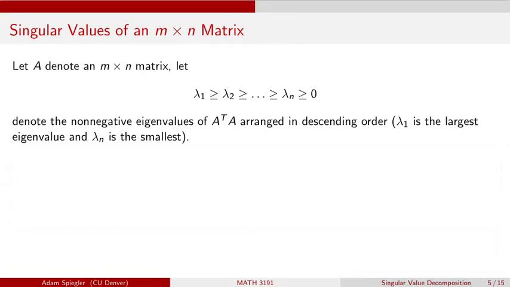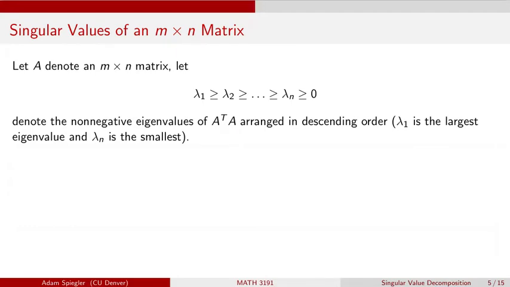So let's let A denote an m by n matrix. So A does not need to be a square matrix. But recall that we can consider the matrix A transpose A, which is going to be a symmetric square matrix. And we've proven that the eigenvalues of the matrix A transpose A for any matrix A are going to be non-negative.